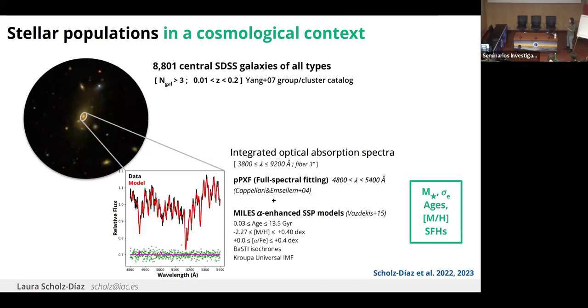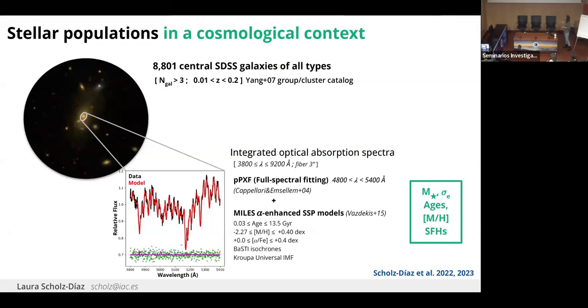So in a nutshell, what PPXF, this full spectral fitting algorithm, does is find the best combination of single star population models, each with a single age and a single metallicity, that are able to reproduce the spectra that we observe. So with this method, we can derive average ages for the galaxies, average metallicities, star formation histories, as I will explain later, stellar masses, and the velocity dispersion of the galaxies.